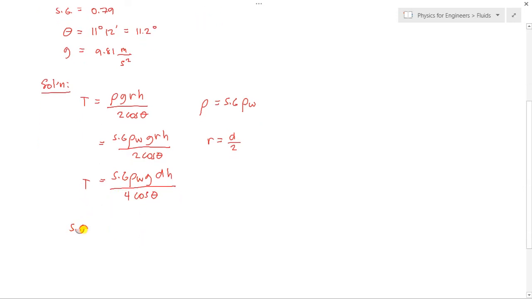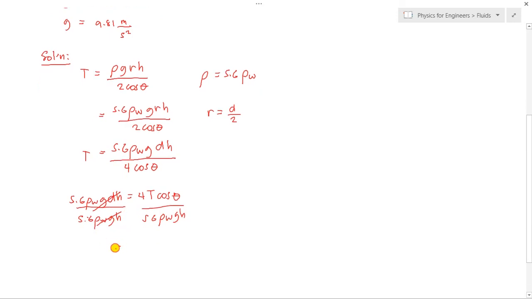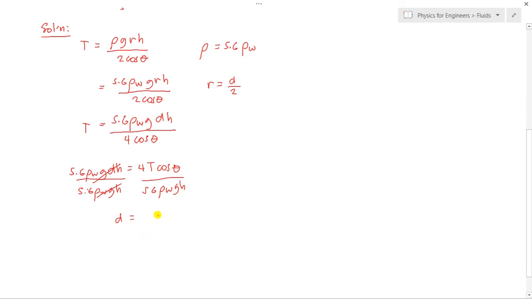This now becomes Sg density of water g D h equals 4T cosine of theta. Divide both sides by Sg density of water g h, which cancels, leaving the diameter. Diameter is equal to 4 times the surface tension multiplied by the cosine of the angle of contact, divided by Sg density of water g times h.